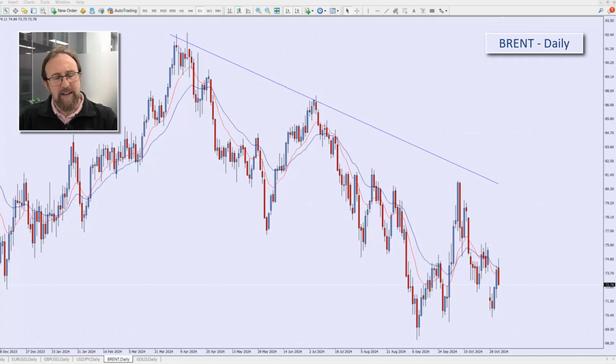Bit of a gap. The volatility, of course, is because there's a lot of turmoil at the moment, particularly with the situation in the Middle East, with Lebanon, Israel. So there's a lot of tension there. There's the war, the elections coming up.